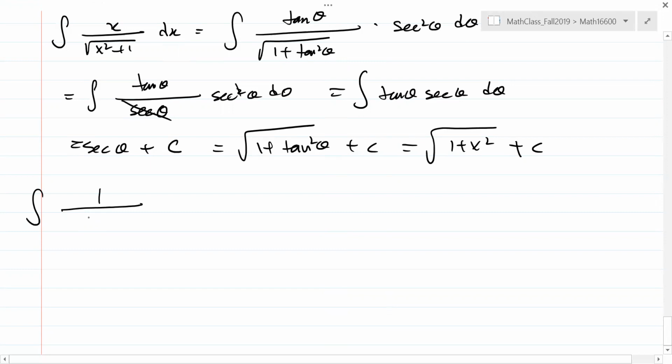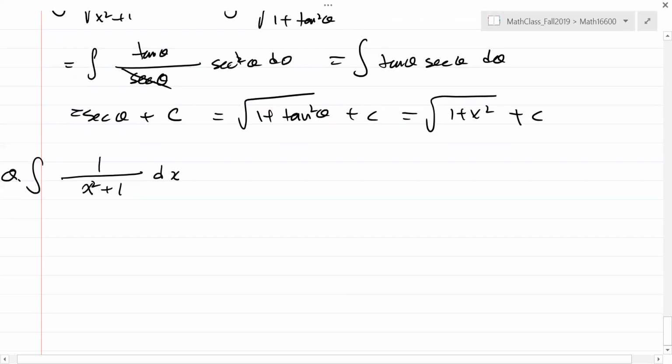Let's do it without the radical. Without the radical, we're going to solve the problem.